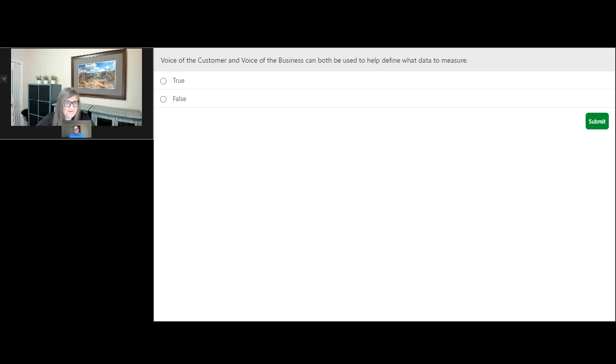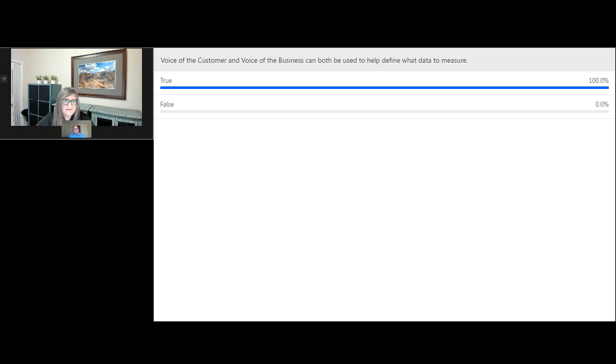And so we'll move into, I think we have the majority of our attendees responding, and everyone, a resounding 100%, with voice of the customer and voice of the business both being really important to help define what we measure. So thinking about what those demands are from various stakeholder groups and from various components, including our process.